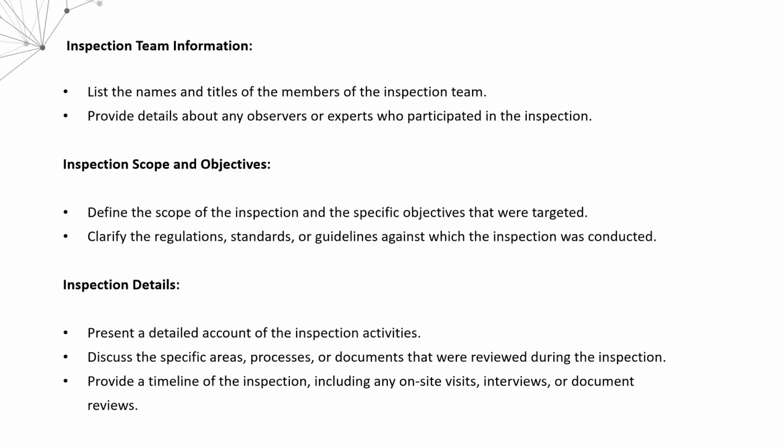Then inspection team information. That section will have the list of names and titles of the members who are doing this inspection, and provides the details about any observers or experts who are participating in this inspection.